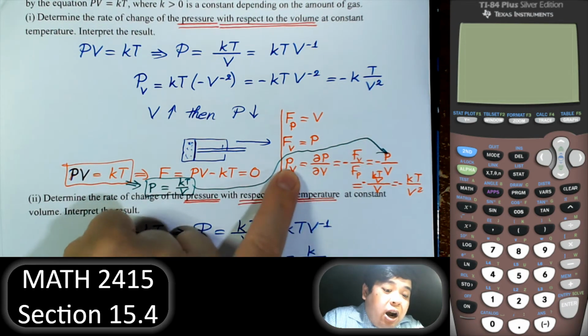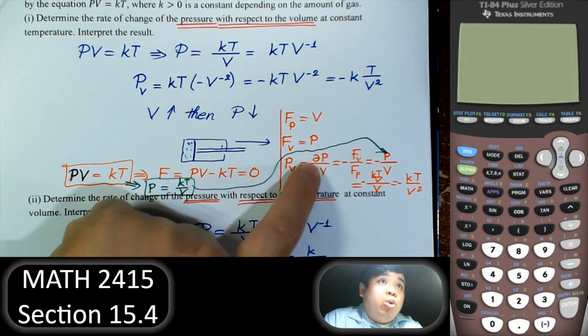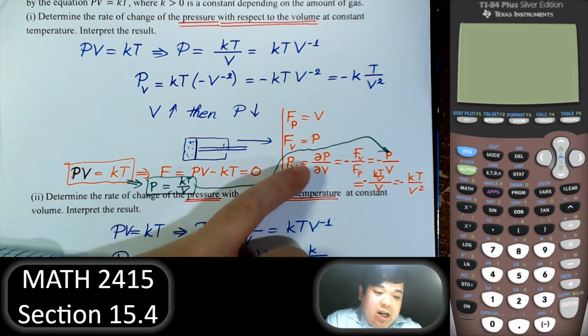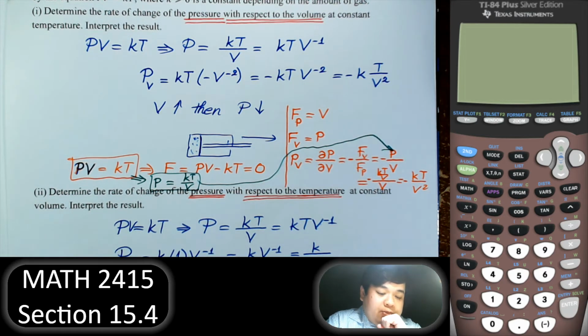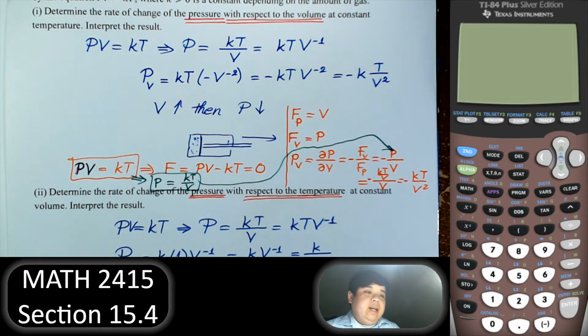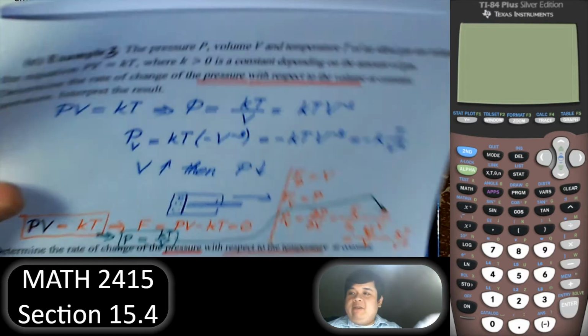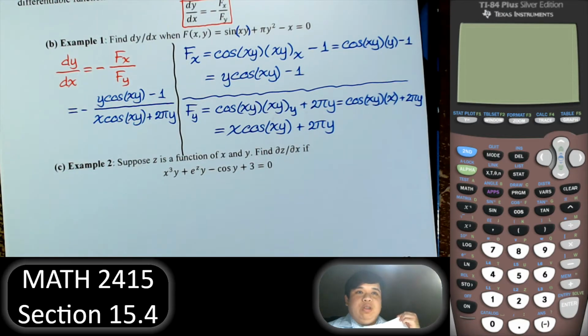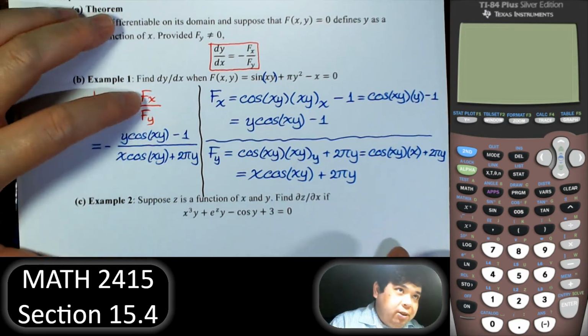Notice that I use partial derivative because there are 3 variables here, P, V, and T. So that should be partial derivative because we assume that P is a function of V and T. So that is consistent to what we have earlier. Right, just move everything on one side, let that equal to 0, and the whole thing will equal to capital F, and take the partial derivative with that and use the formulas.